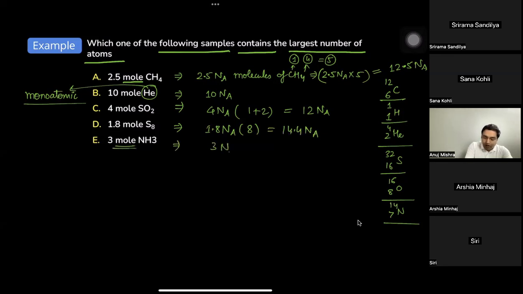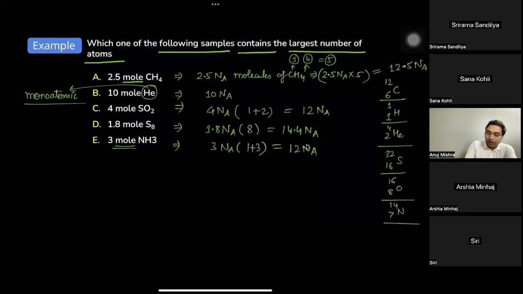So 3 Na into 1 plus 3. How much is that? So which option shall I mark? In the poll, I'm launching the poll, but there is no E option. And I hope E is not an option in this either. What shall be the correct answer?